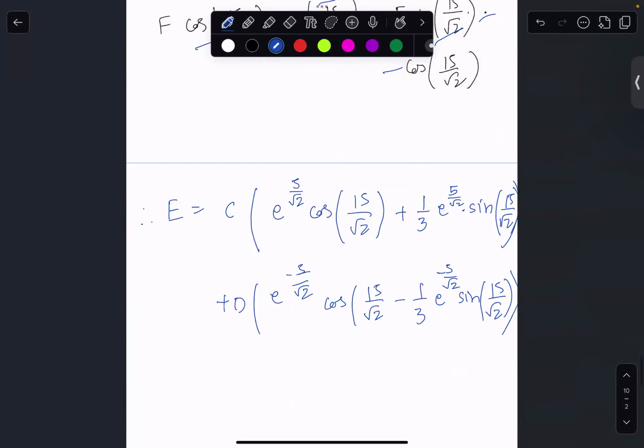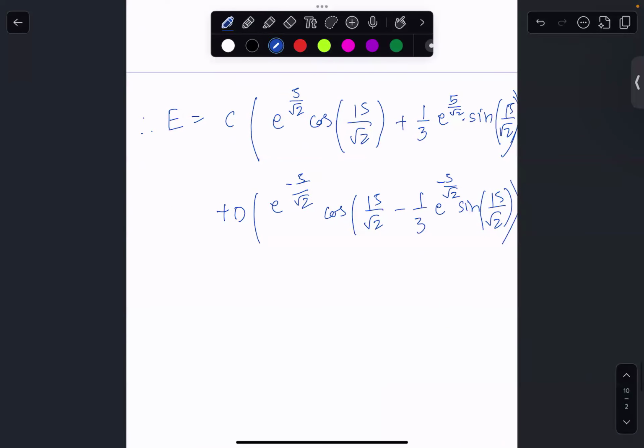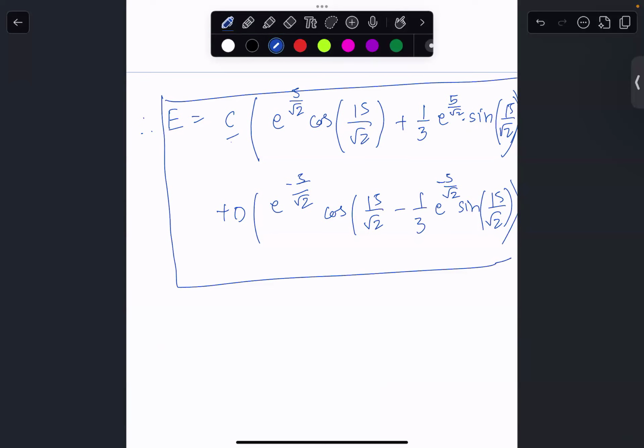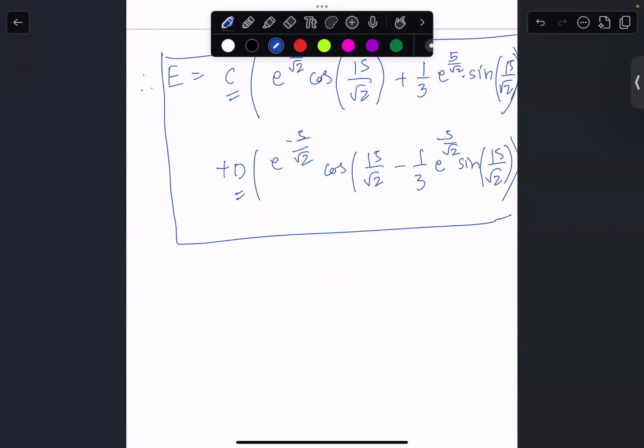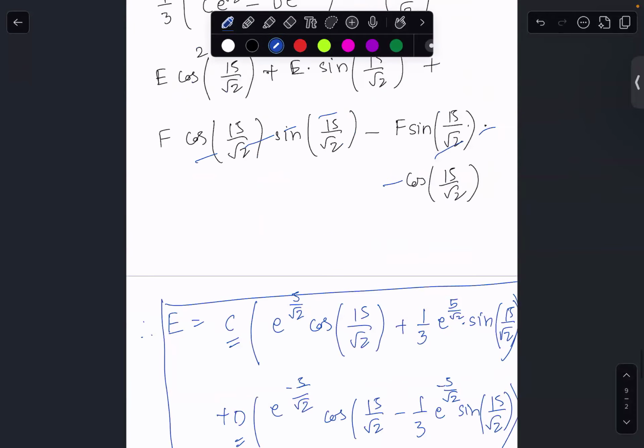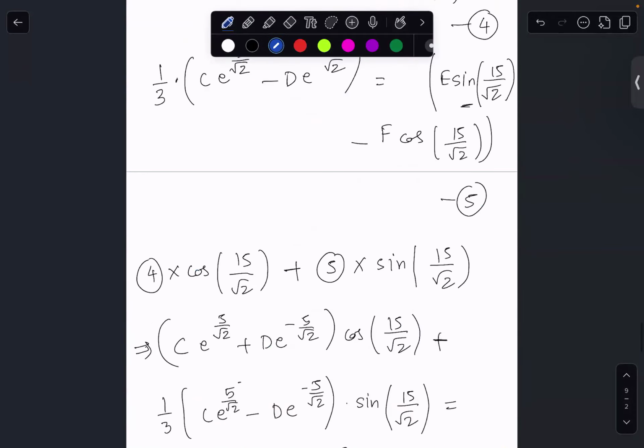Great. So we now have our final solution for E. We just need to substitute the values of C and D which we obtained earlier in this equation, and similarly we can find out the value of F.